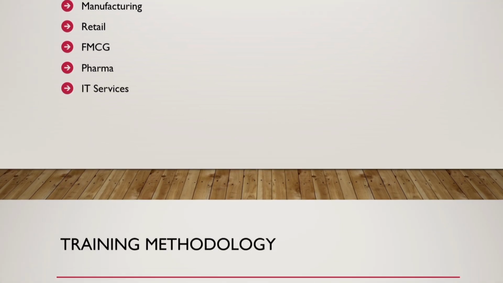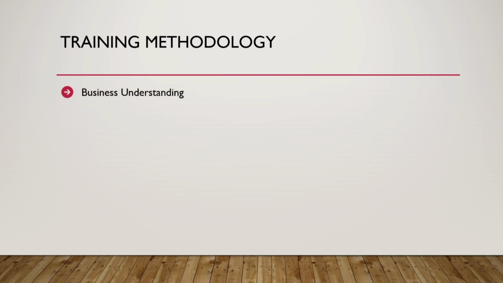Now let me explain our training approach. First, we will always understand the business concept. Before jumping into SAP configuration, we will discuss why business uses this concept, what problem it solves, and how it works in a real-time scenario. Only after understanding the business logic, we will move to the SAP concept and then to system configuration. For example, in SAP SD pricing.